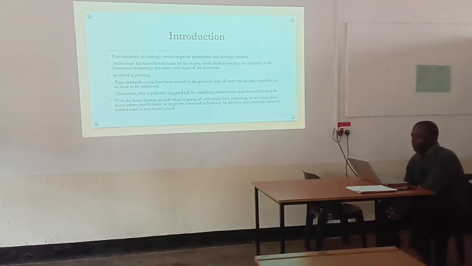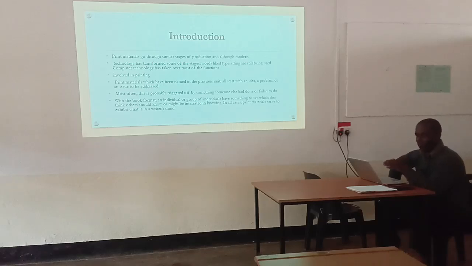If we think about print materials in terms of their production, they go through similar stages of production in terms of the use of technology, right? It's a similar stage because we are referring to the old type, if you trace it back to where the printing process started.